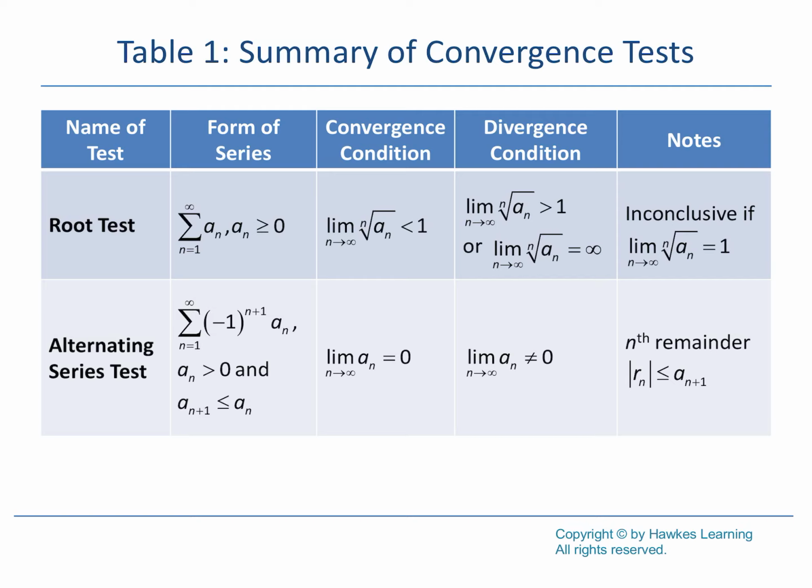We'll talk about radius of convergence. And so the next 3 chapters won't be so much about different convergence or divergence tests. It'll be more bringing it back to functions like we're normally used to talking about.